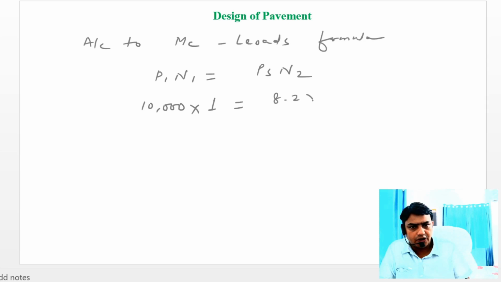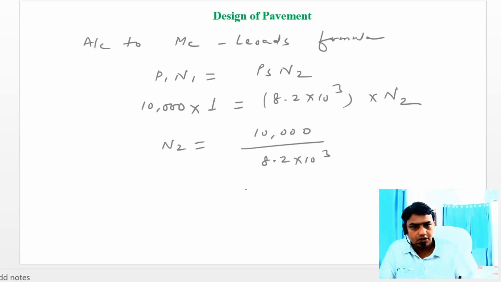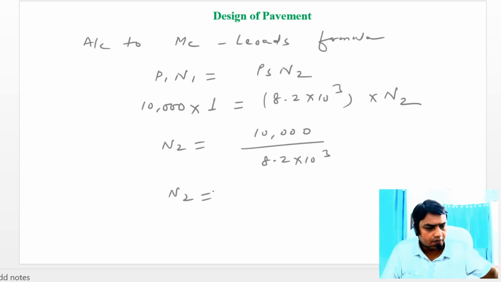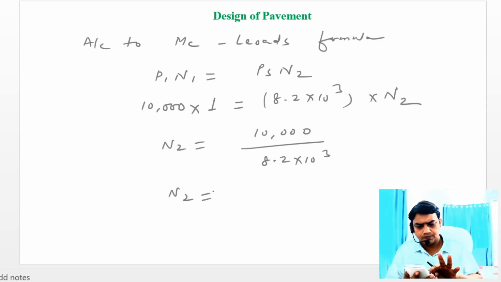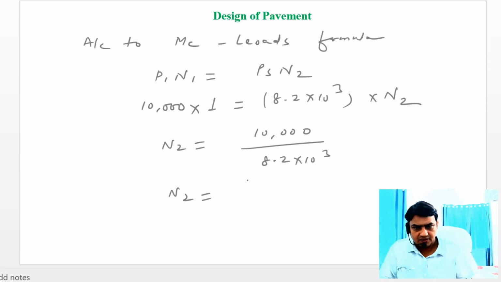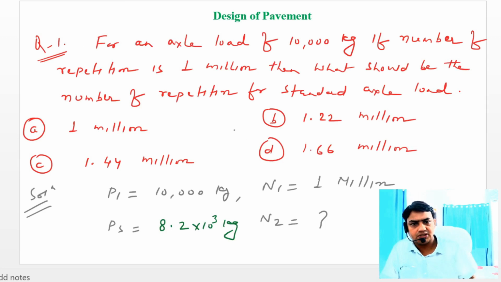Standard axial load is 8.2 into 10 to the power 3 and corresponding number of repetition N2 is equal to 10,000 divided by 8.2 into 10 to the power 3. So we can compute 10 divided by 8.2. So it is 1.22 million is the number of repetition corresponding to the standard axial load. So B option is correct.